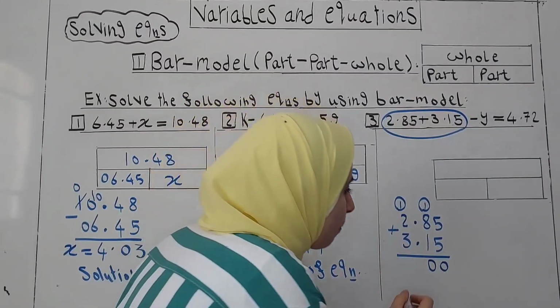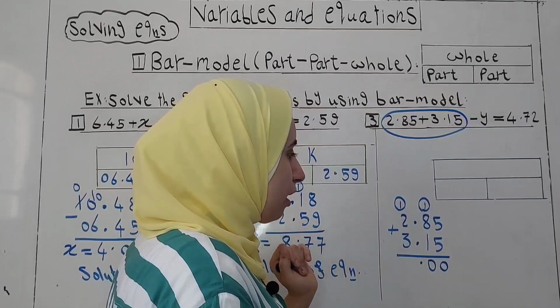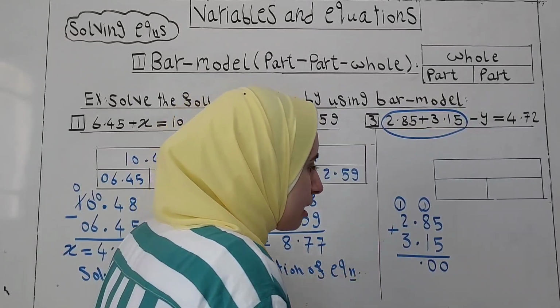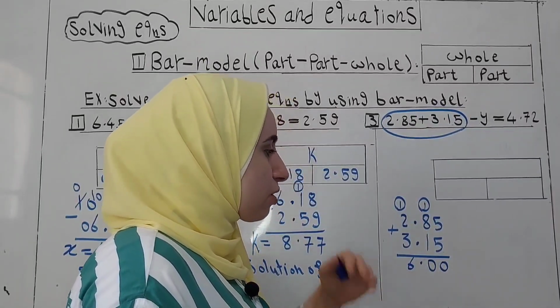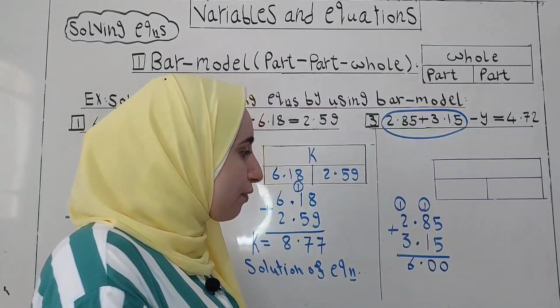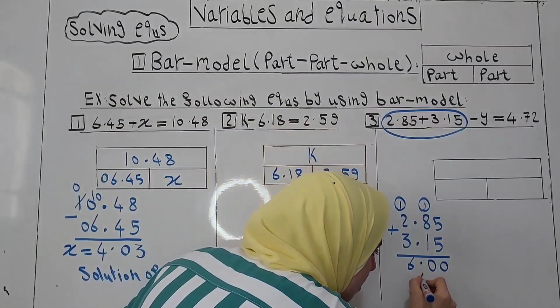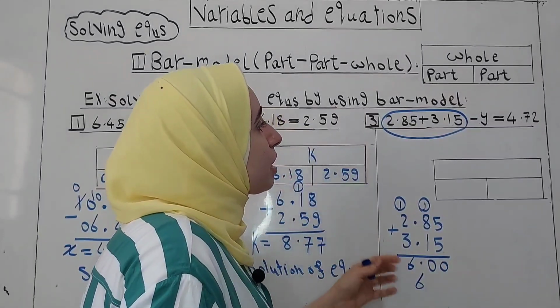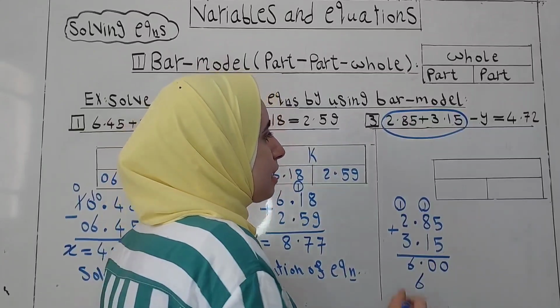Now we reach the decimal point, bring it down. Now 1 plus 2 equals 3 and 3 plus 3 equals 6. Now we have two zeros at the right for the decimal part, which have no value. So this number is only 6. Now we replace these two numbers by the sum 6.